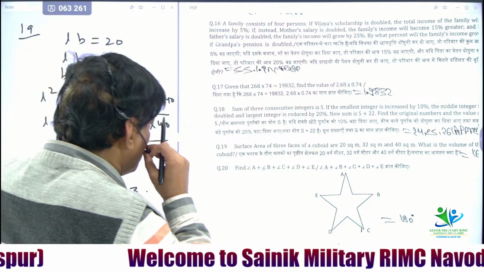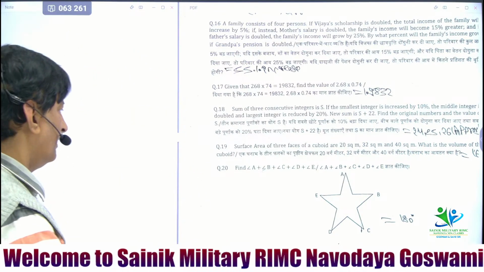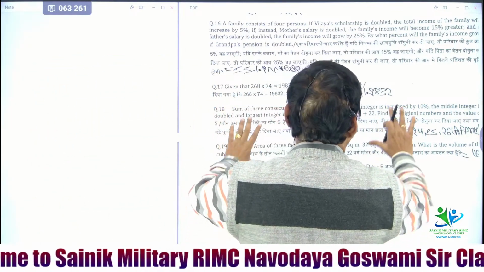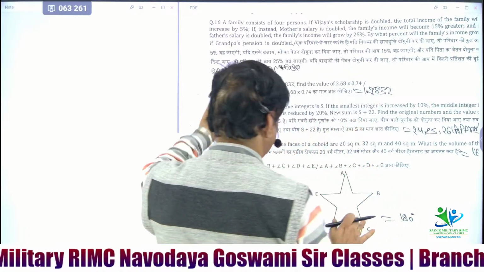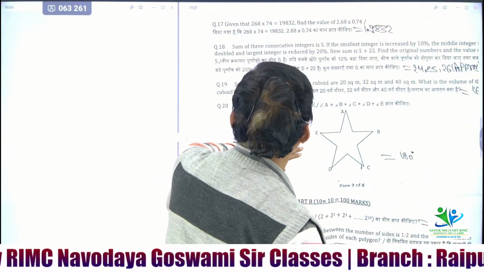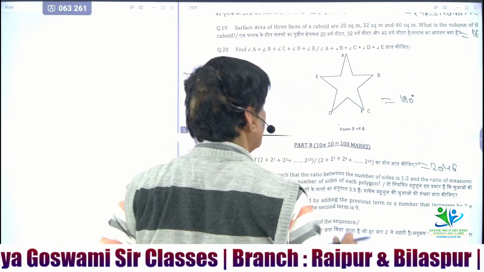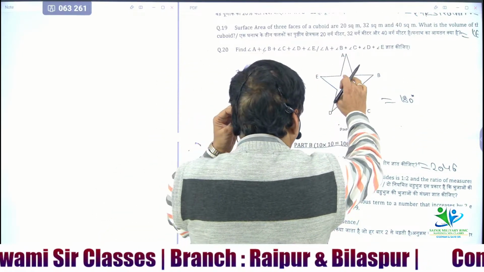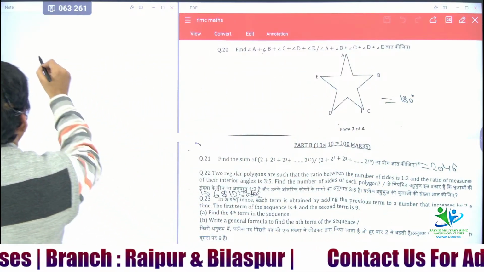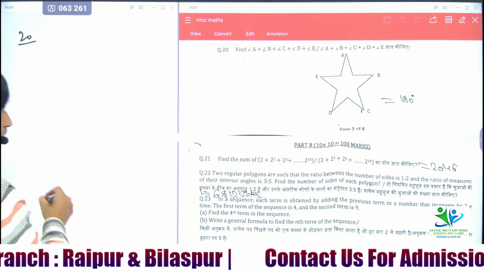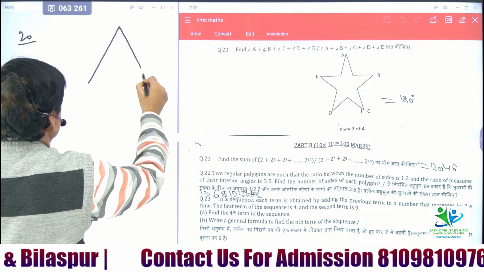Now, in question number 20, one figure is given, and you have to find the angle. If we join the open ends, you get the figure like this.